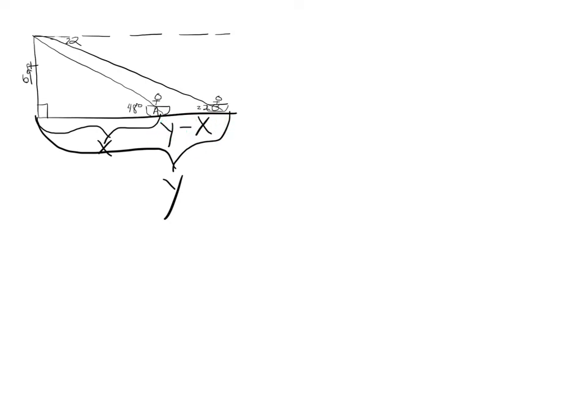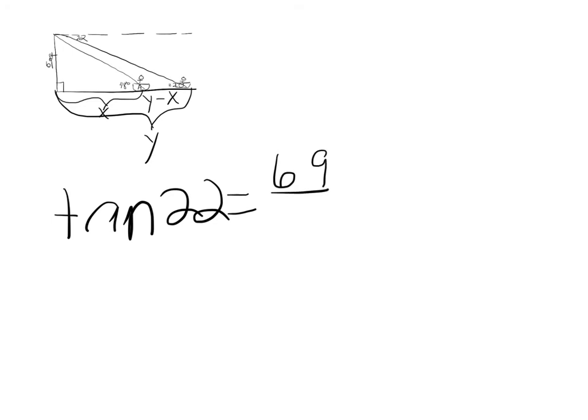I'm going to find y's distance first. So at y, I've got 22 degrees at this point, boat B. I've got opposite information, and I'm looking for the adjacent. So I'm going to be using tangent. Tangent of 22 equals opposite over adjacent. This time I have to multiply both sides by y because I want to get my y out of the denominator.